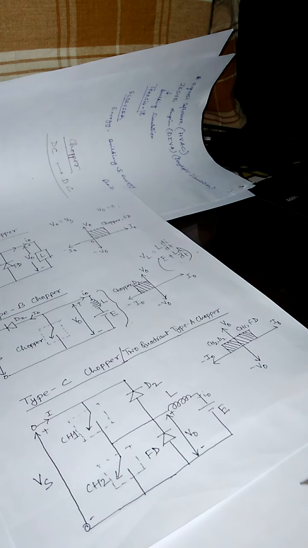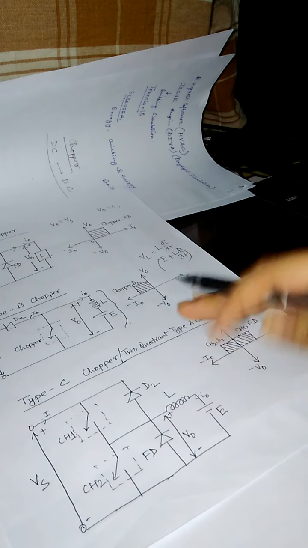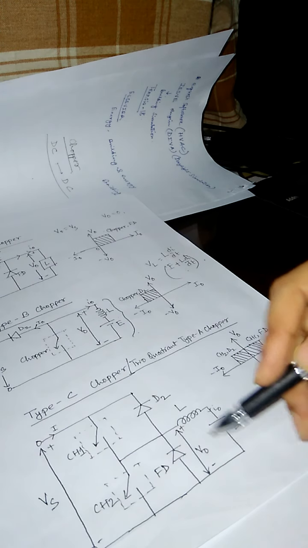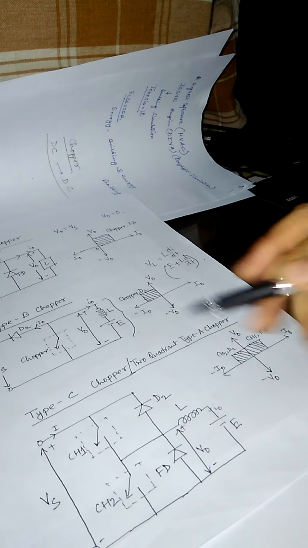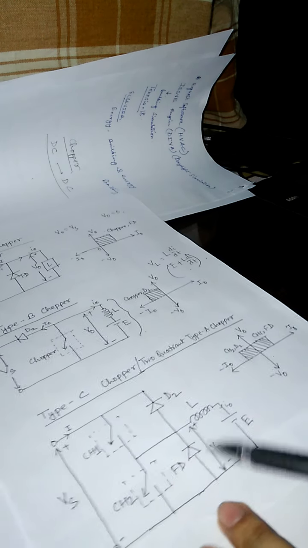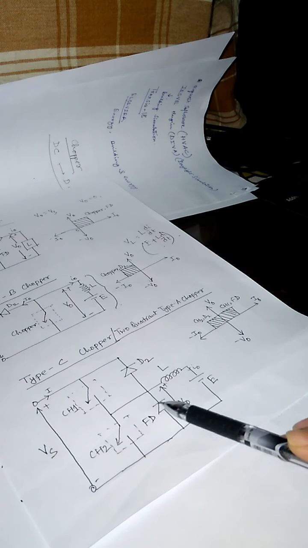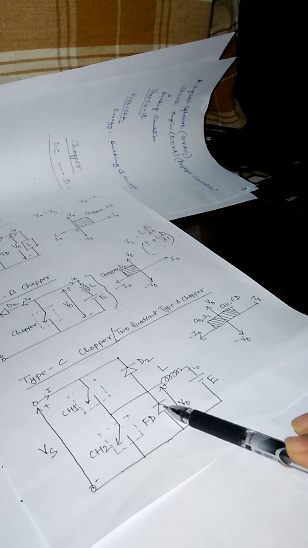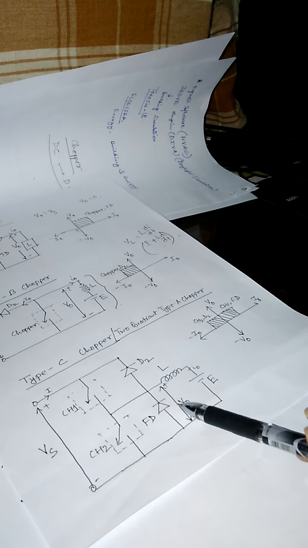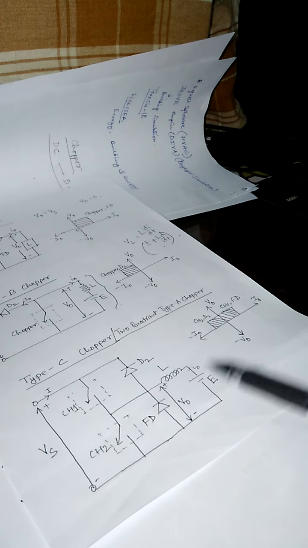Now what will happen? Here the voltage across the load will always be positive because there is a freewheeling diode. If we consider that in this circuit CH2 or FD is in conducting mode, then the value of V0 will be 0.